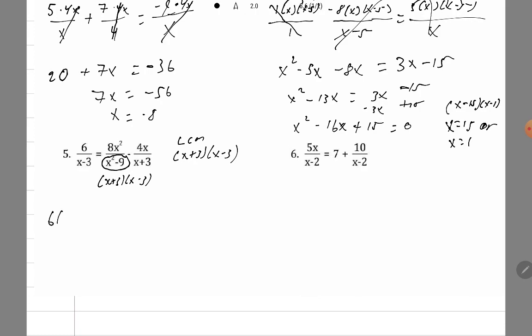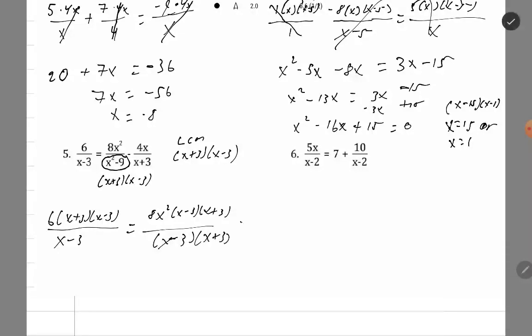So I will have 6 times x plus 3, x minus 3 over x minus 3 equals 8x squared times x minus 3, x plus 3 over x minus 3, x plus 3, minus 4x times x plus 3, x minus 3 over x plus 3.